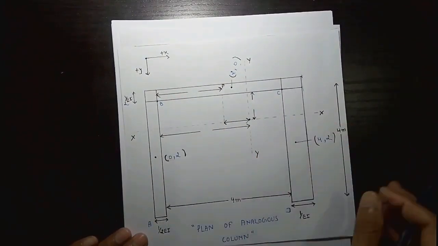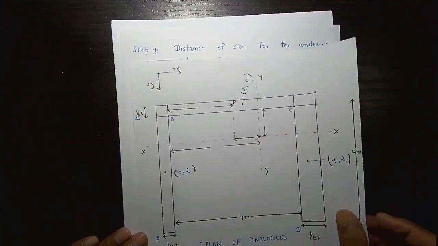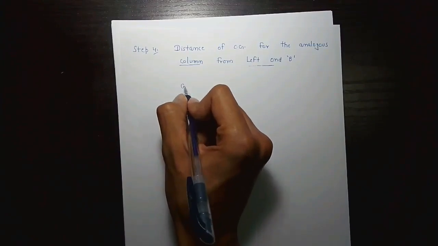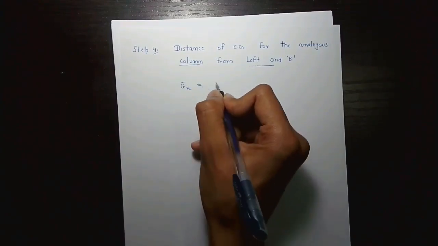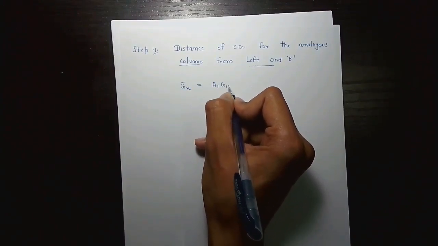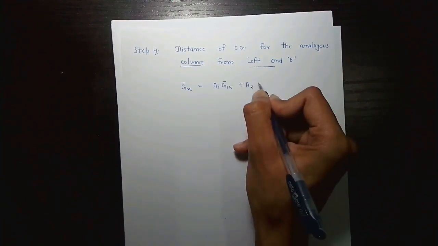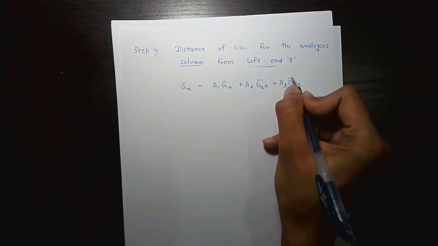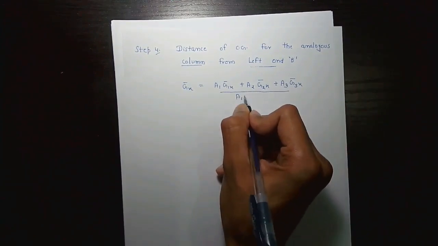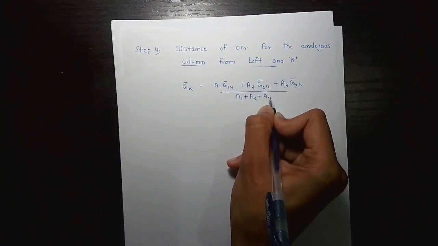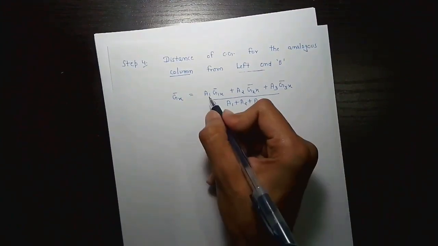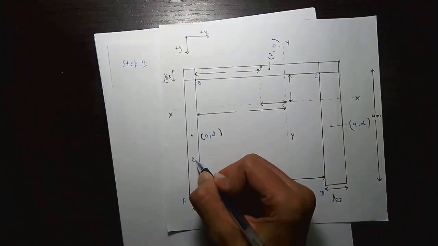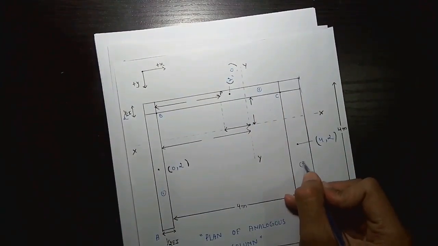Now taking moments about B, Gx bar is equal to A1 G1 x bar plus A2 G2 x bar plus A3 G3 x bar divided by total area A1 plus A2 plus A3, because there are three rectangular sections, 1, 2 and this one is 3.